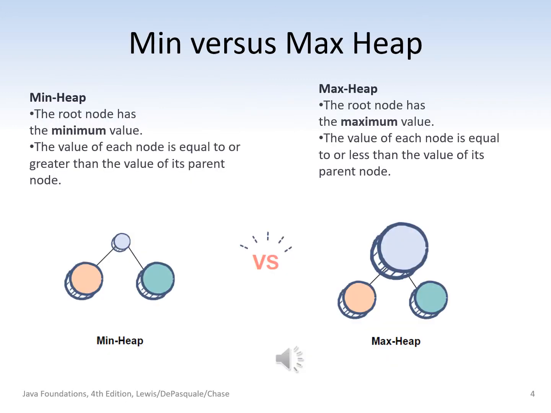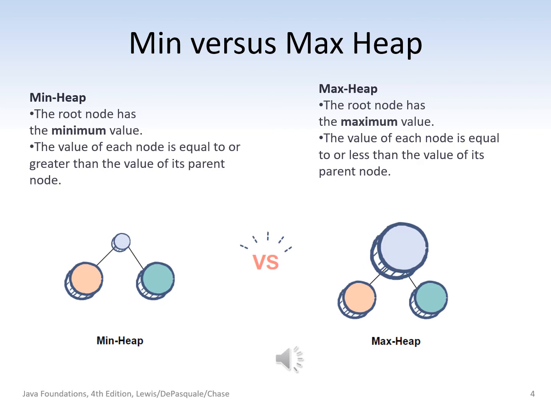As promised, min heap has a root node as the minimum value. So the smallest value in this collection, in this structure, is the root node. The value of each node is equal to or greater than the value of its parent node.